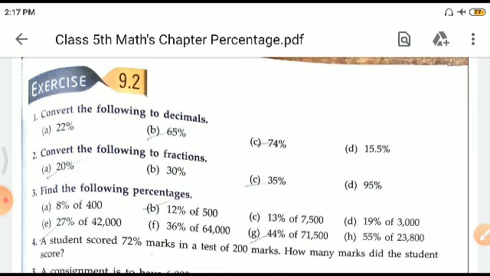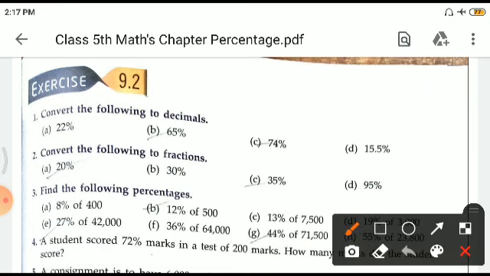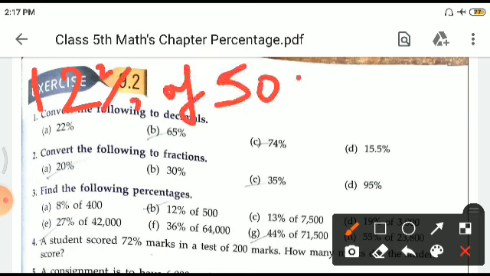Now we come to the third one, which is find the percentages. Let us take one for example, 12% of 500. Right? You all know how to write it. 12% means, see this is the question, 12% of 500.